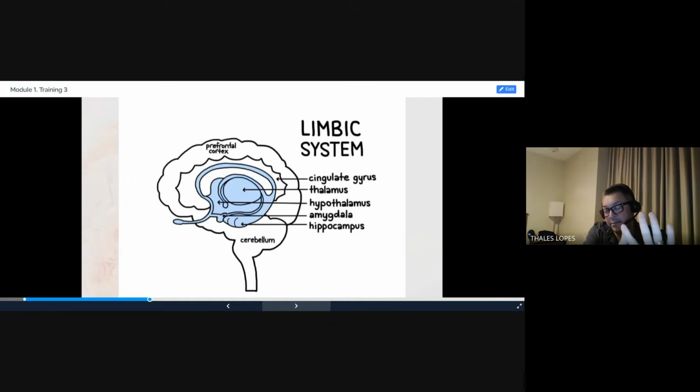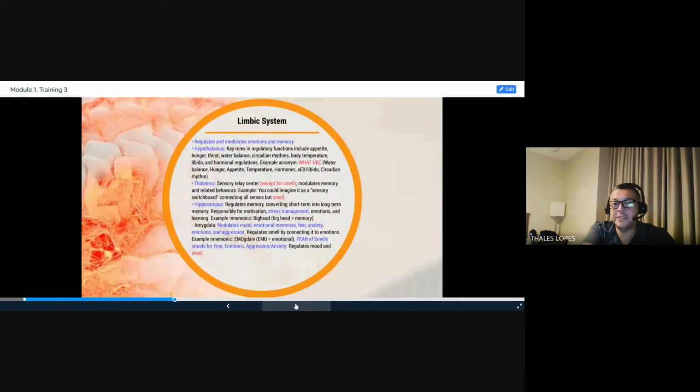The thalamus, it's almost like my name, thalamus. Thalamus, hypothalamus under the thalamus, amygdala, angry amygdala. You'll see why in a second. And the hippocampus. Okay, so these 4 parts of the limbic system you must memorize early.